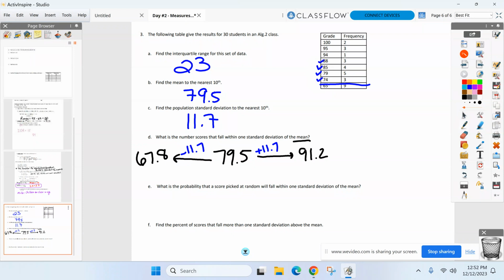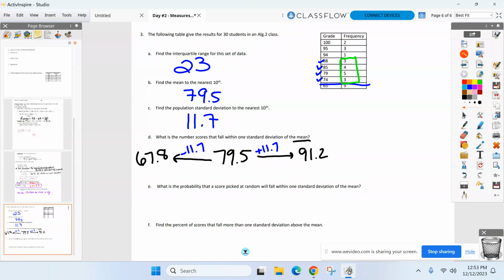Okay. If your answer is 4 scores, you haven't been listening to me. The answer is not 4 of them. Because how many 74s are there? 3 of them. So I need to add up how many times each occurred. And that's how many scores there are. There's not 4 scores. I need to add up how many times they occurred on the frequency.